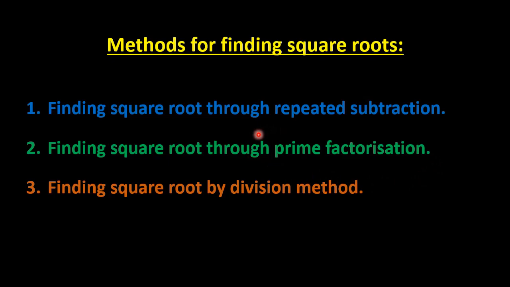When the number is very large, even the prime factorization method is very lengthy and difficult. To overcome this difficulty, we use the long division method, which is very convenient and effective for finding the square root of any number. Although the long division method is hard, once you get it, it will be very easy for you in your higher classes also.